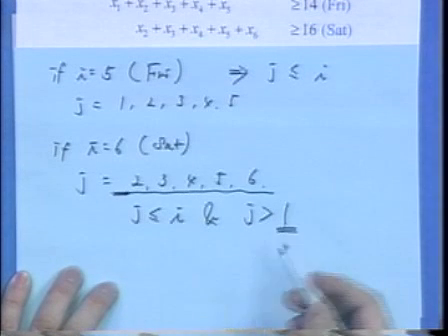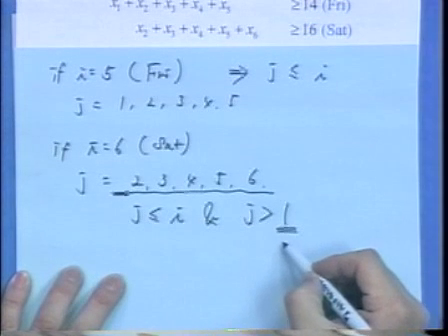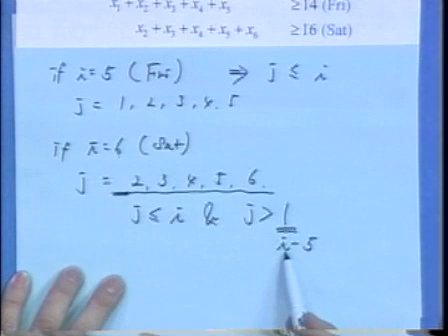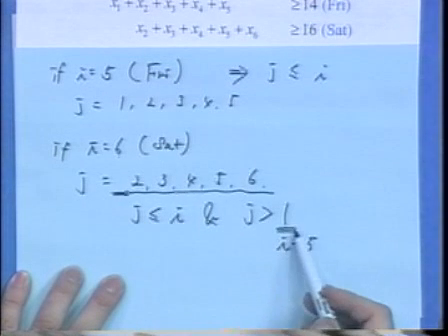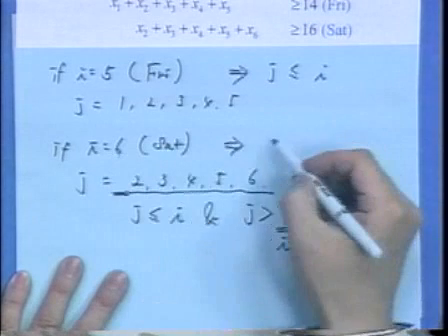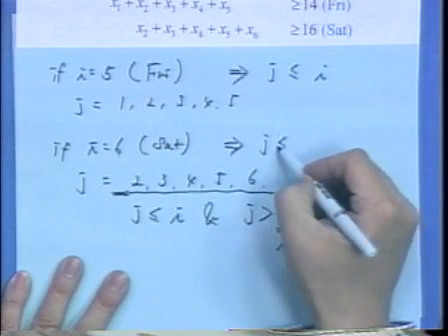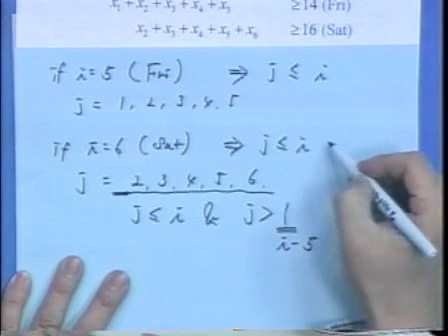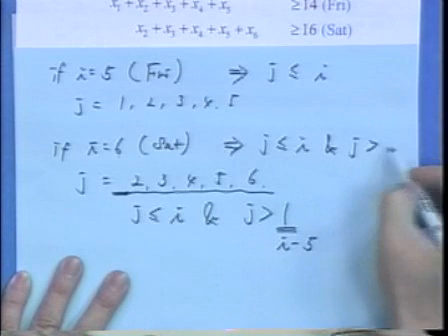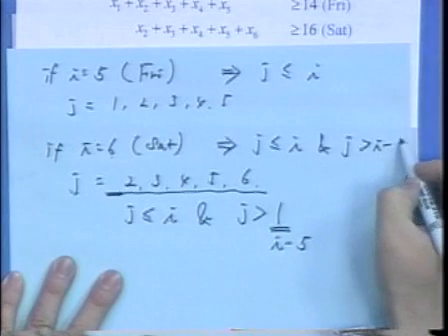And this can be expressed by j is greater than I minus 5. In this case, I is 6. 6 minus 5 becomes 1, right? So if I equals 6, we do need a constraint: j is less than or equal to I, and j is greater than I minus 5.